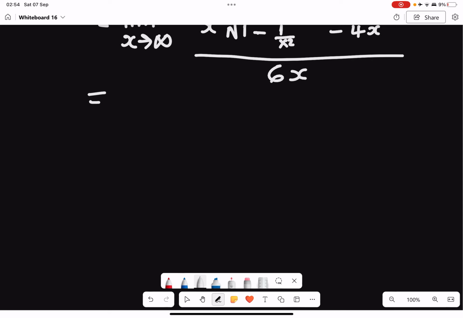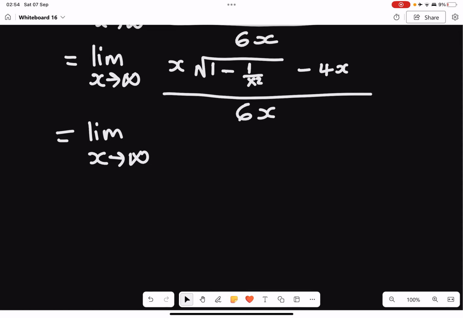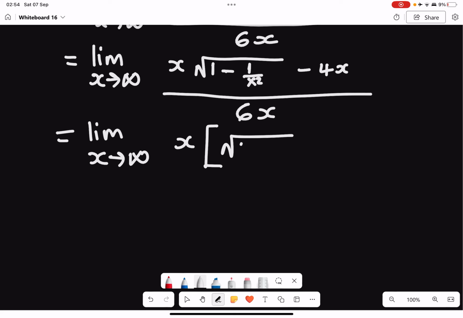So I have limit as x approaches infinity. Let's see what we have here. Okay, so I'm going to take x out as a common factor, and then I'm going to be basically left with 1 minus 1 over x squared under the root, and then here I'm going to be left with minus 4.